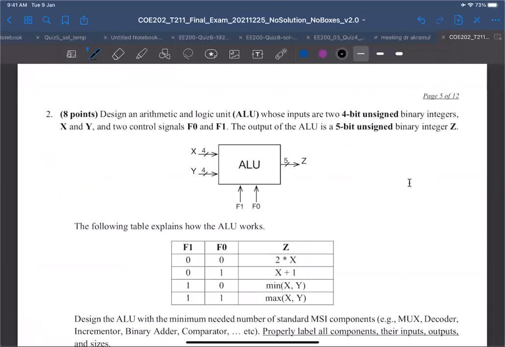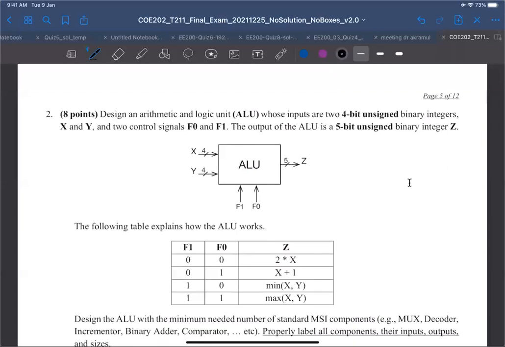We are required to design an arithmetic logic unit whose inputs are two 4-bit unsigned binary integers x and y, and it has two control signals f0 and f1 to choose the function, and the output is a 5-bit unsigned binary integer z.